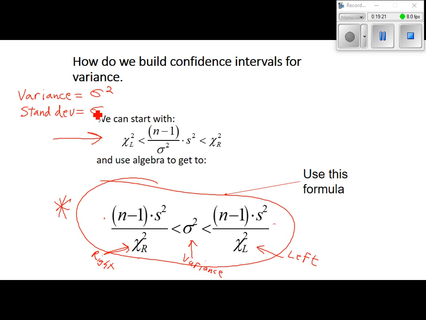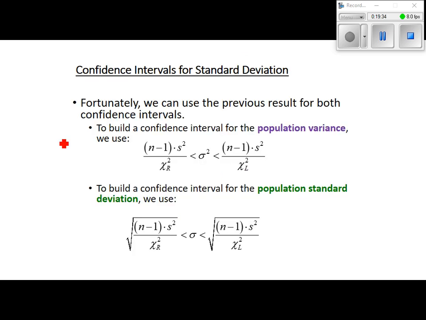We're going to find these two answers. And if we want the interval for the standard deviation, then we just take the square root of both sides. And that's what this formula is. So this is for your standard deviation.